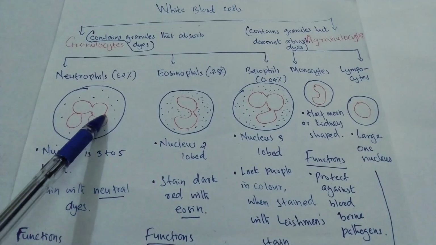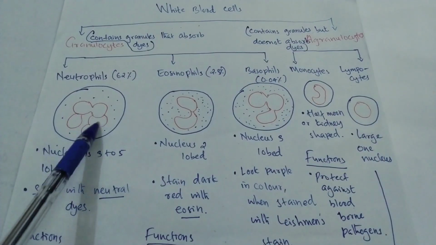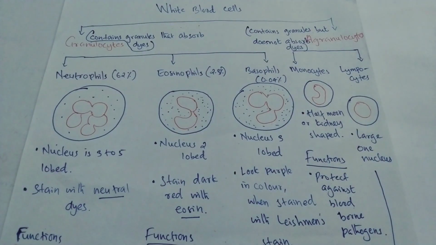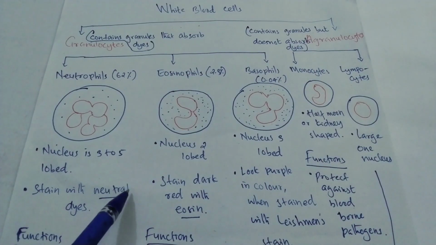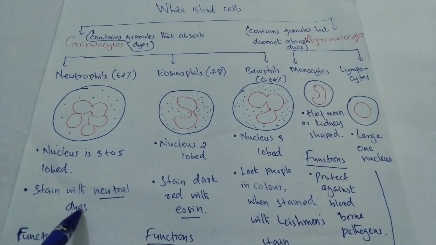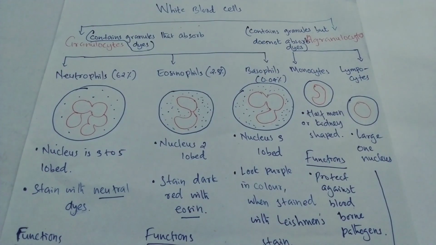This is the nucleus. So neutrophil has a 3 to 5 lobed nucleus, and neutrophil stains with neutral dyes and gives color while staining.